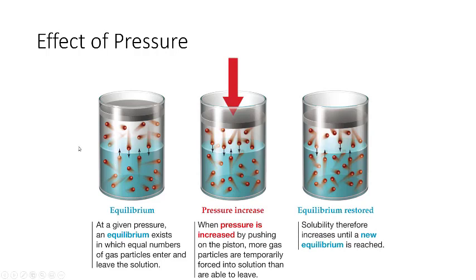If we have a closed vessel attached to a piston, we can change the total pressure of this headspace. If we increase the external pressure on this headspace, that will drive some of these gaseous molecules back into our liquid solution. Eventually a new equilibrium will form between the liquid phase and the gas phase, and that will be a brand new vapor pressure. So it's important to know that solubility can depend on both temperature and on pressure.